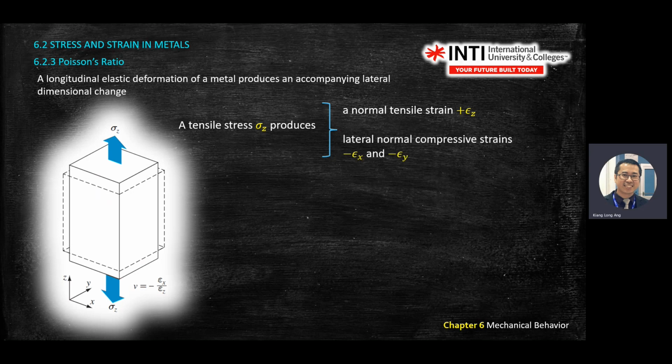You also create lateral normal compression strain. What do I mean by lateral normal direction? I draw something on the board here. When you pull both ends, this is called the longitudinal direction.